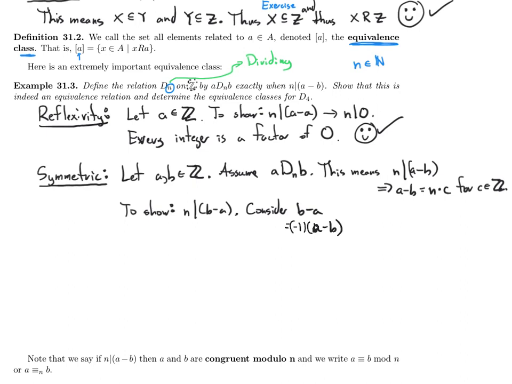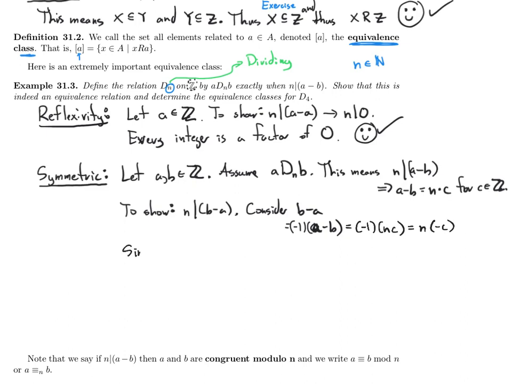It just switches the signs of both parts of our term there. So, I know A minus B equals n times C. And of course, I'm going to use associativity and commutativity to write this as n times negative C. And since negative C is an integer, well, I've done it.